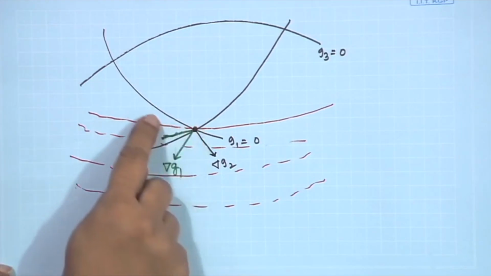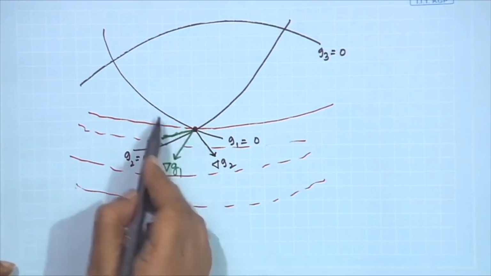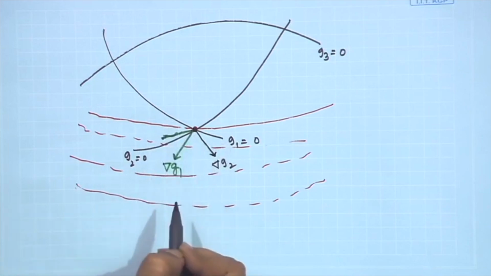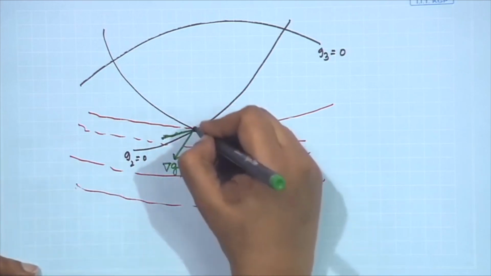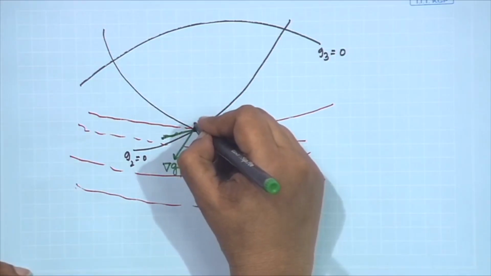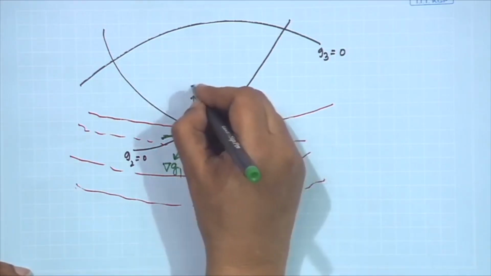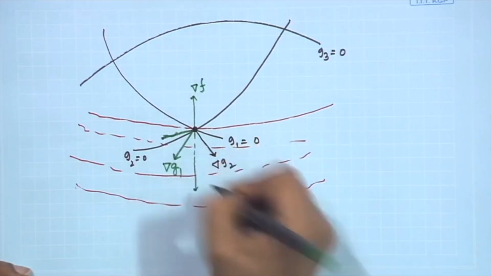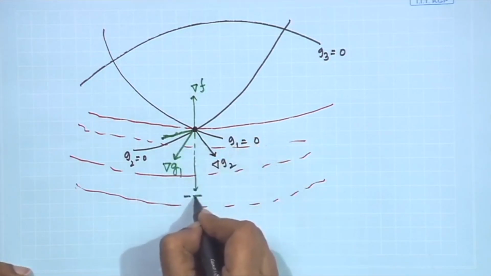If I draw a tangent here at this point, the normal to that tangent is the gradient direction at this point of G1. And at this point, if I consider grad f, this is the grad f direction. The opposite, this one, is the minus grad f direction.